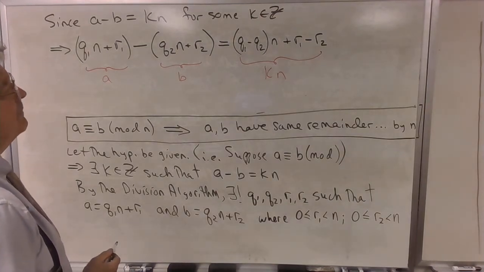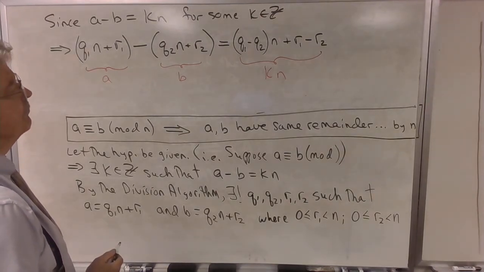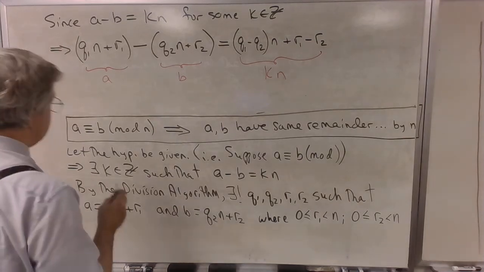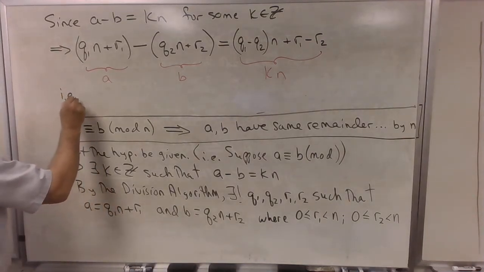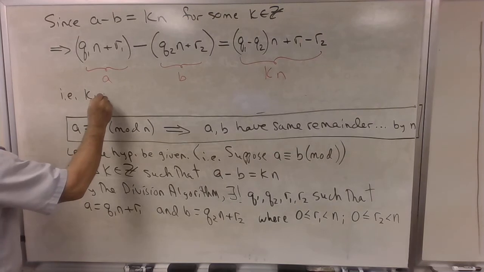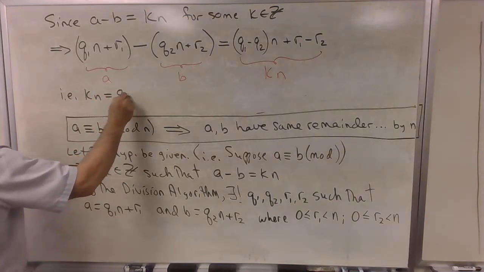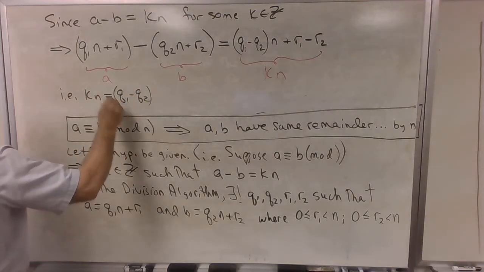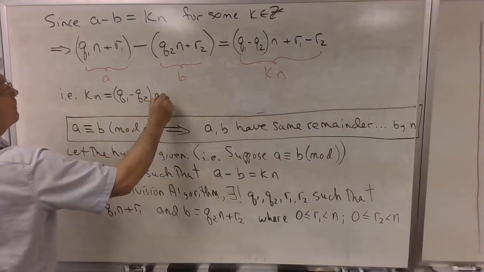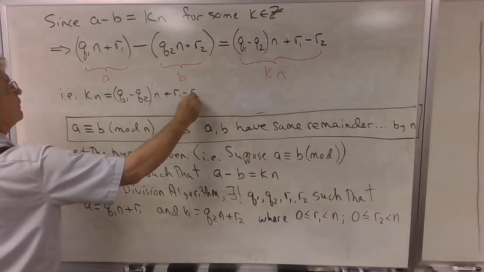Now, let's see. kn is equal to (q1 minus q2)n plus r1 minus r2.